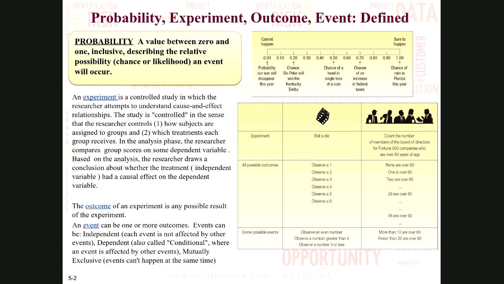At 0.5 or 50% is the chance of a head in a single toss of a coin, as was pointed out in the video, because there are only 2 outcomes. At 70%, there's a chance of an increase in federal taxes, maybe. And at 100%, there's a chance of rain in Florida this year.